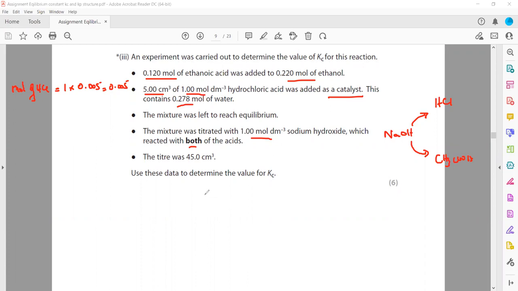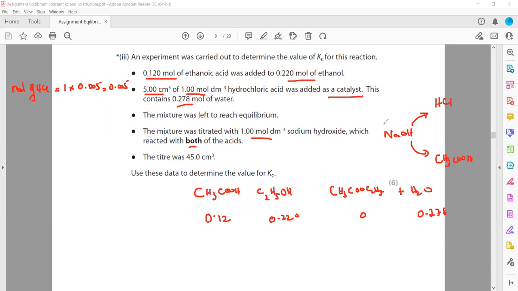So we have the reactant ethanoic acid reacting with ethanol, C2H5OH, to produce ethyl ethanoate plus water. In the beginning, we had 0.12 moles, 0.220 moles, 0 for the ester, and the water moles were 0.278.